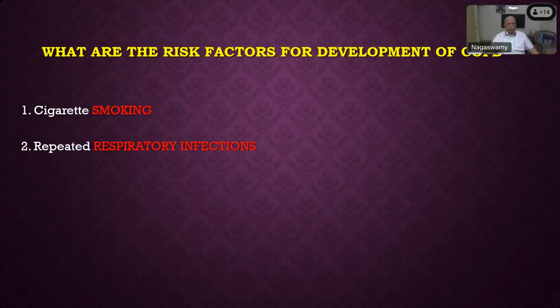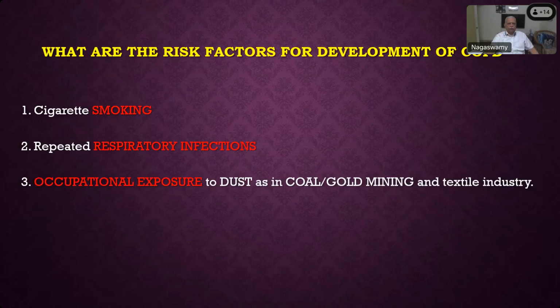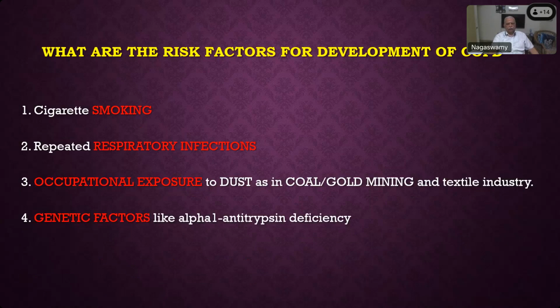Repeated respiratory infections, occupational exposure to dust, coal, gold mining, and the textile industry, and genetic factors like alpha 1 antitrypsin deficiency. So these are some of the common triggering factors for the development of COPD: smoking, recurrent infection, pollution in the air, and congenital deficiency of alpha 1 antitrypsin.